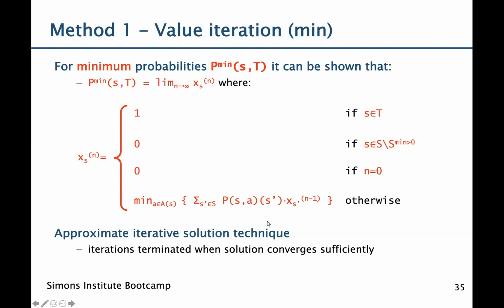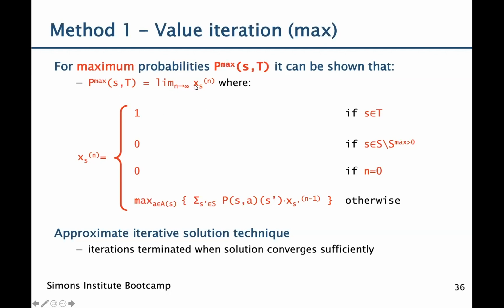So this is an approximate iterative solution technique, but as we can see, these probabilities are increasing, and they converge to the minimum probabilities.